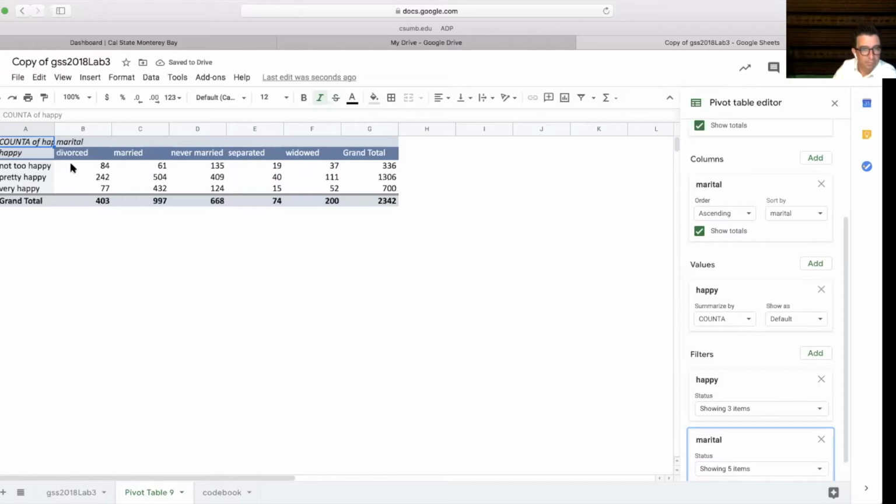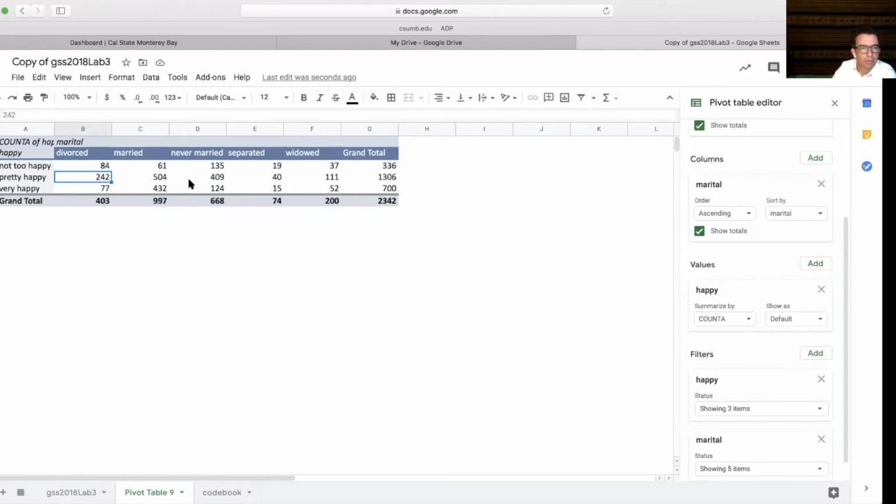Now we have our beautiful contingency table here. We know that out of all of these respondents, the 2,342, 84 of them said they're not too happy and they are divorced, right? This is the cross tab. We also know that 242 of those who are divorced are pretty happy.